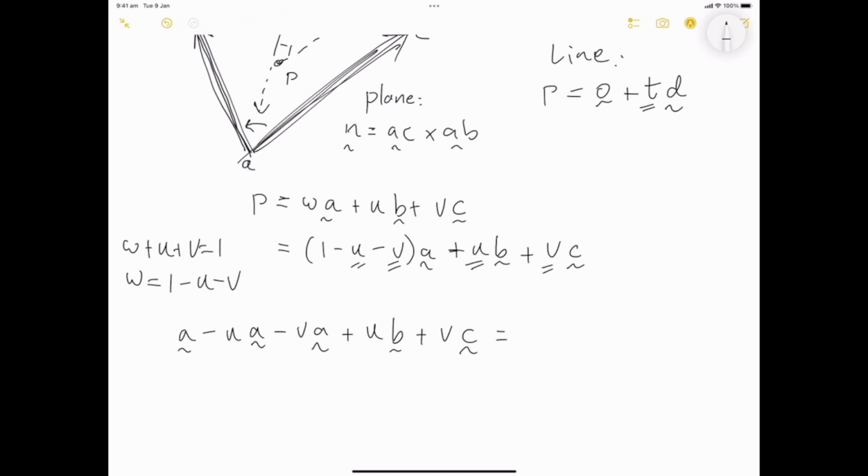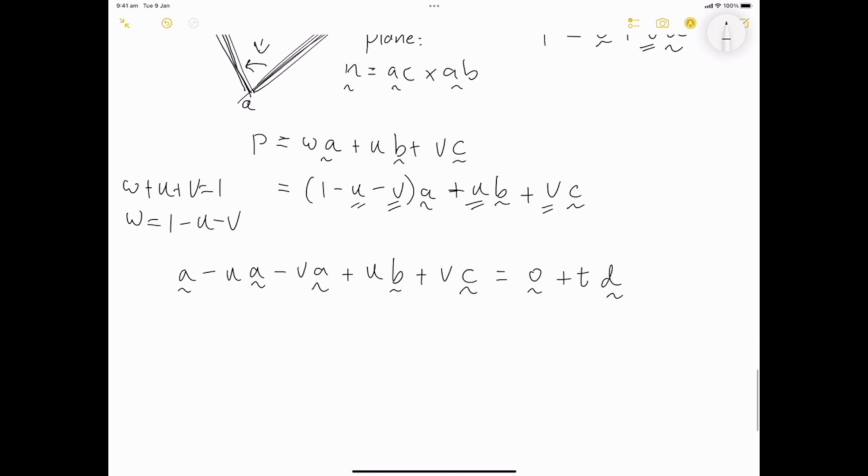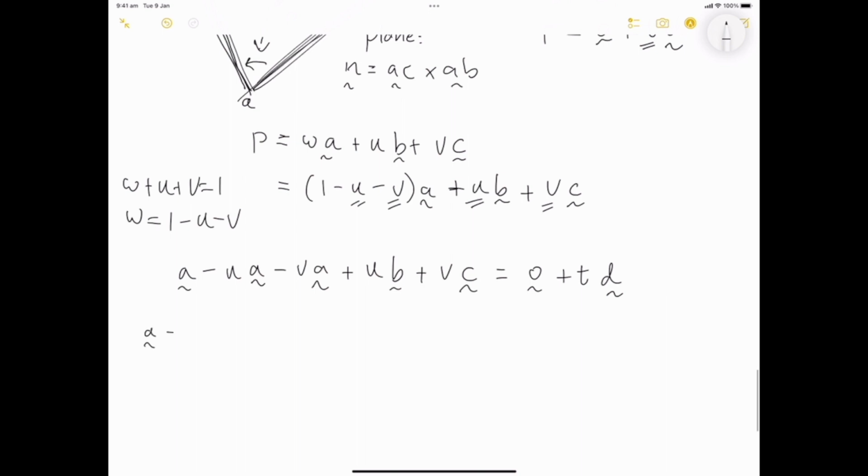Okay, so that was from the triangle equation, from the plane stuff. And then on the other side, we have the position as it relates to the ray. Now I'm going to put the knowns on the left-hand side and the unknowns on the right-hand side. So on the left-hand side, I'll have the point A minus origin.